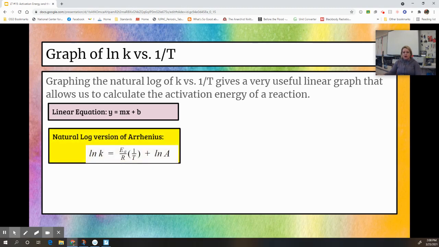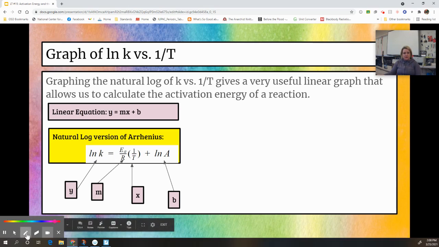Here is the natural log version of the Arrhenius equation, which will be put into this linear form, where y is going to be the natural log of k. The slope is going to be the activation energy divided by the universal gas constant. Your x variable is going to be the reciprocal of temperature in kelvins. And your y-intercept is going to be the natural log of your frequency factor.